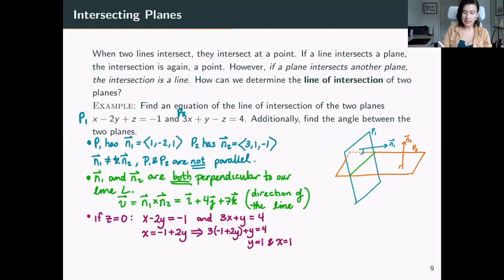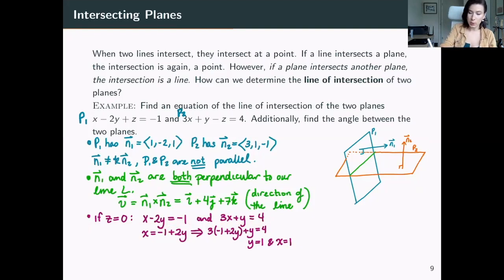By assuming that z is equal to 0 and looking at our two planes simultaneously, we found a point that was on both of these planes and had the coordinate 0 for the z coordinate.